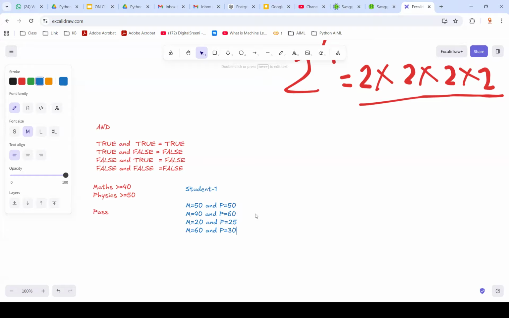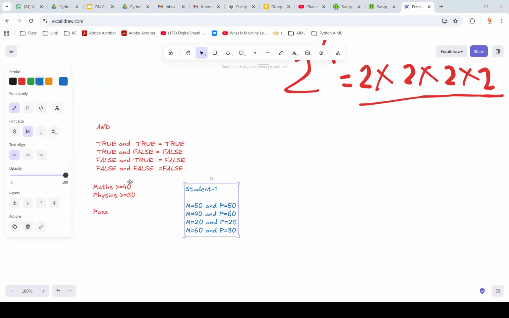Okay, now we'll do some analysis on this. So now tell me one thing. In maths he got 50. Okay, maths he got 50, physics he got 50.